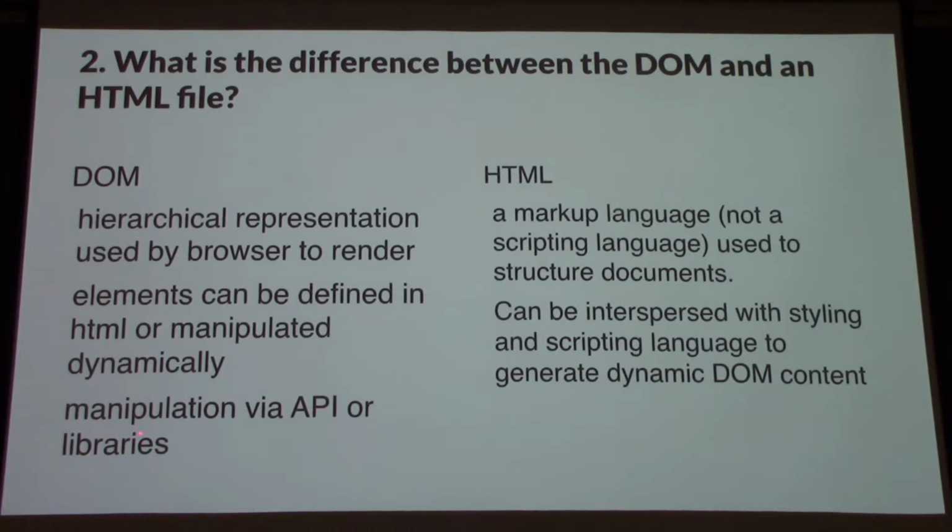You can manipulate this via an API or a library. So if you mentioned this and contrasted this to HTML as a file format, or a markup language actually, it's not a scripting language, used to structure documents. If you told me this one, and this one here, you got full marks.